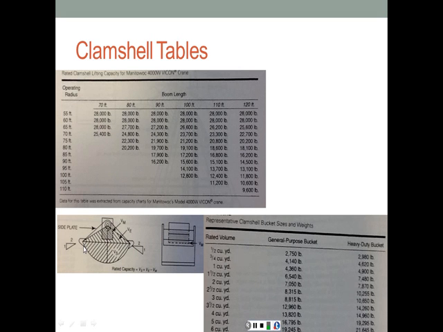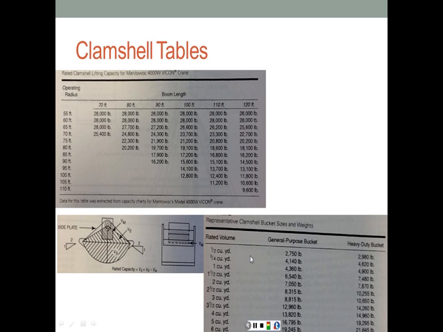And this shows basically the capacity of the clamshell bucket itself. The rated capacity is equal to VS, which is this bottom half, plus VE, the top half, which is the heaping, minus VM, which is at the joint where it opens and closes the clamshell.